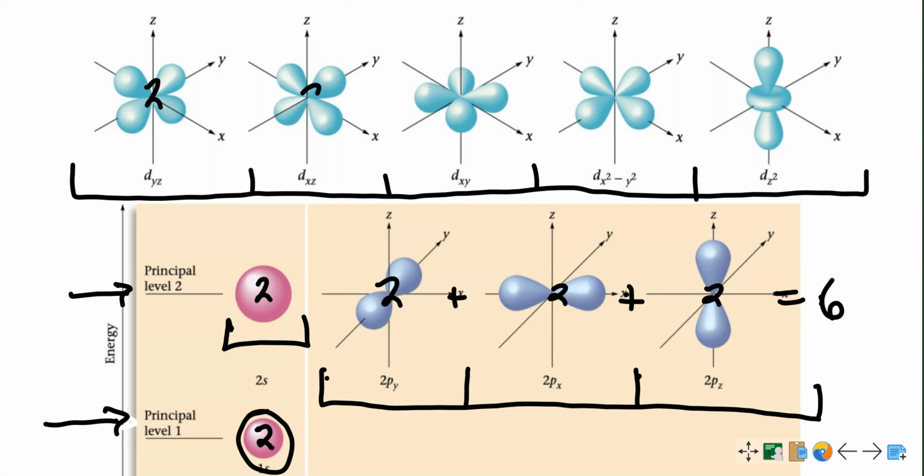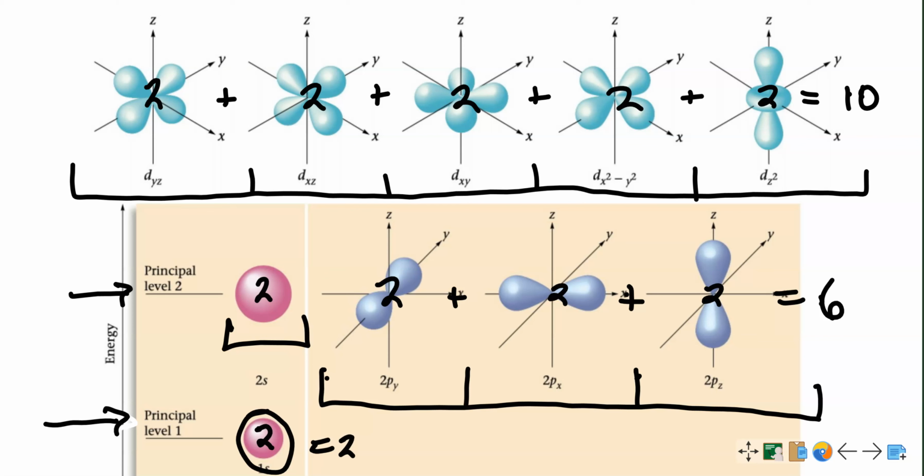Each one of them can hold 2, so altogether, the d sublevel can hold 10, whereas the s sublevel can only hold 2. And this is where that 2, 8, 10 thing comes from that you talked about in elementary and middle school.